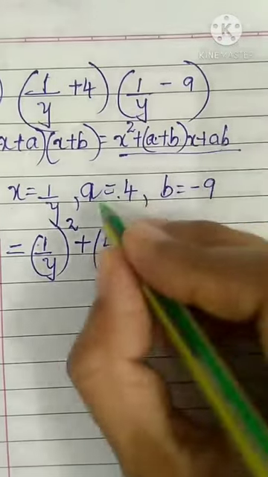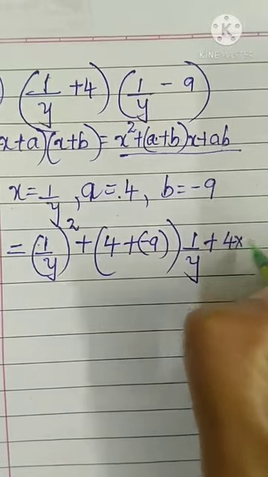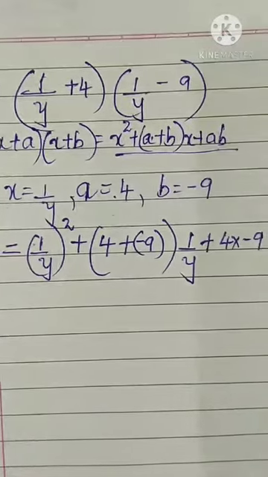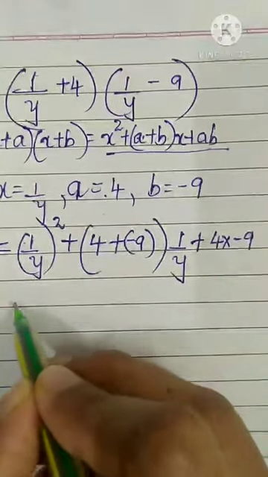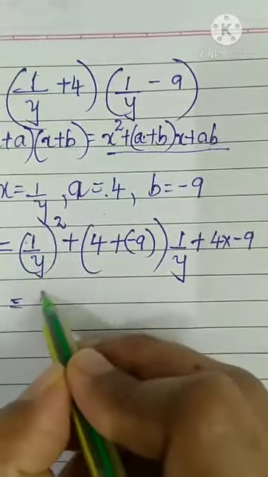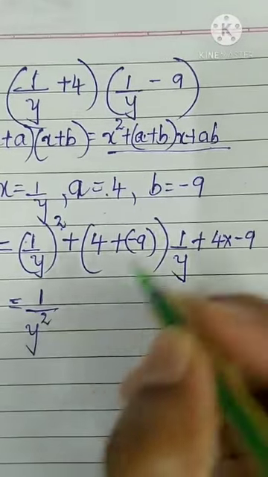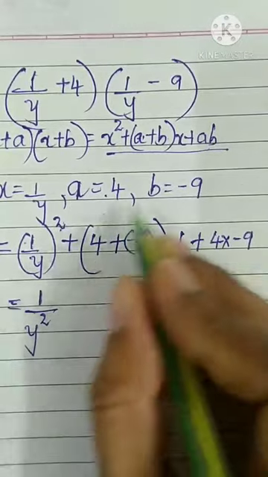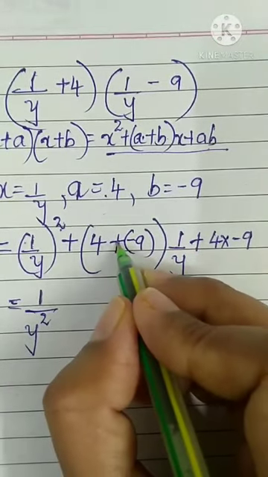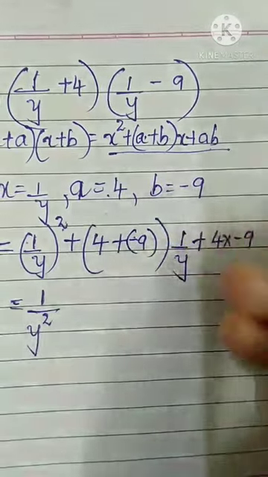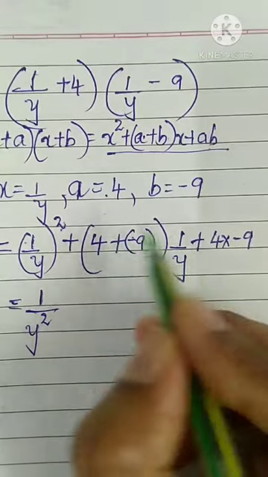Plus a is 4 and b is minus 9. Okay. So now multiply. 1 square is 1. y square is 1 upon y square. Now here this confusion we will solve first. Plus into minus minus.